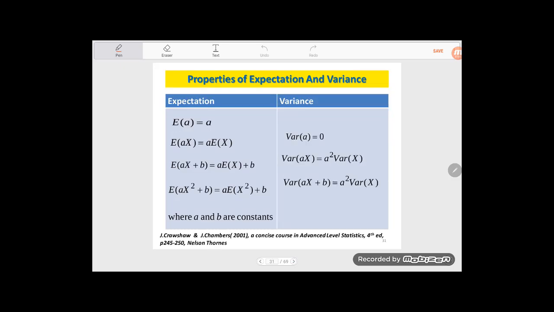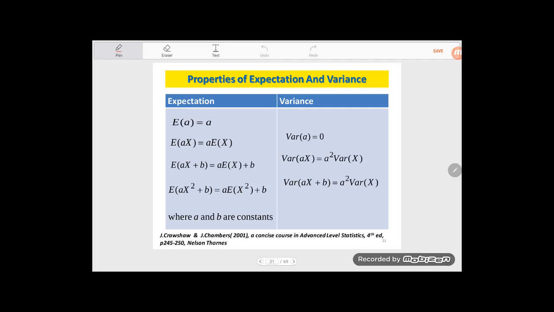So these are the properties of expectation and variance. If we have the expectation of a constant, that is just equal to the constant. If we have the expectation of aX, in which a is a constant, we can bring the constant outside, so we get a times E(X). The expectation of aX plus b, where a and b are constants, is equal to aE(X) plus b.